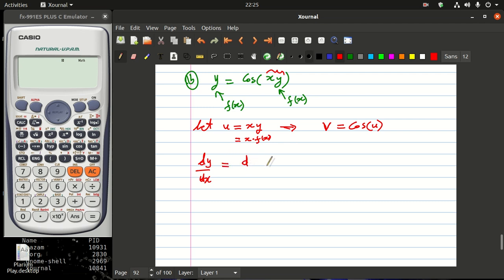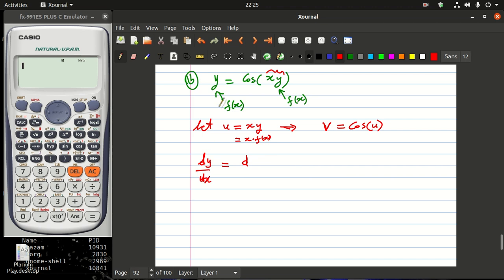Then my dy dx, which is this function here, is going to be the same as... Sorry for the confusion here.